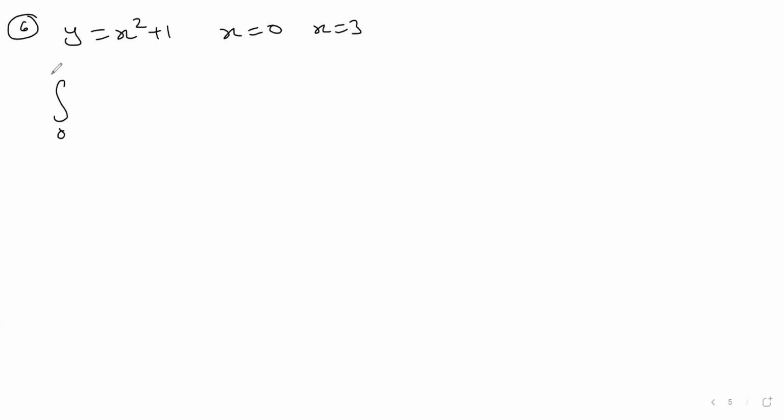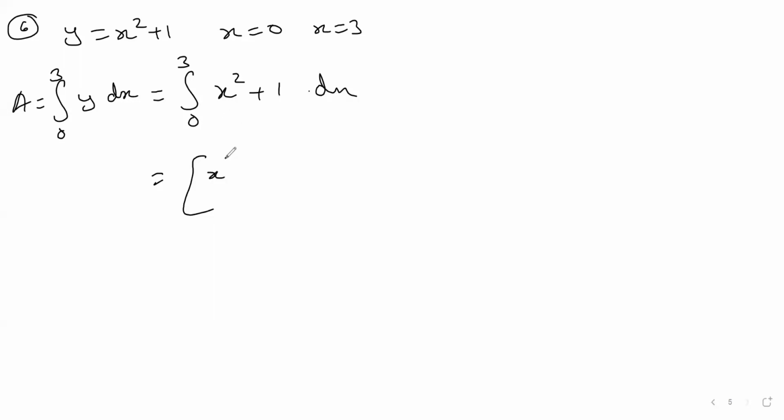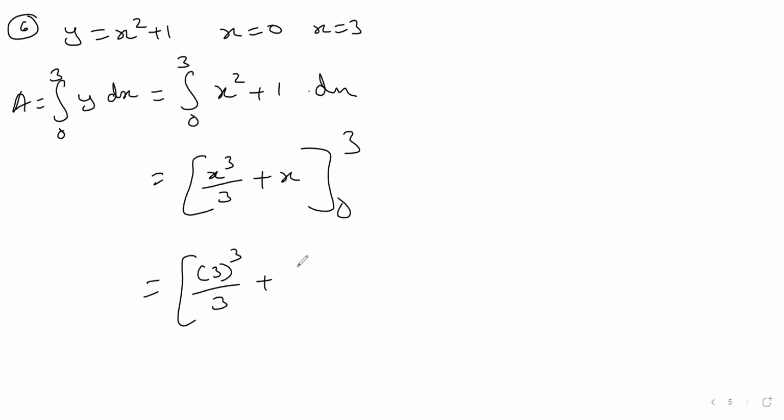This will be integration running from 0 to 3 y dx. Area will be integration running from 0 to 3, x square plus 1 dx. And what is integration of x square? It is x cubed by 3 plus x, 0 to 3. 3 cubed by 3 plus 3 minus 0 cubed by 3 minus 0.